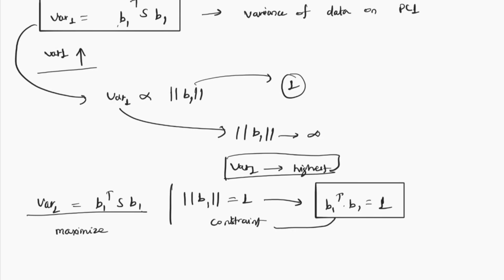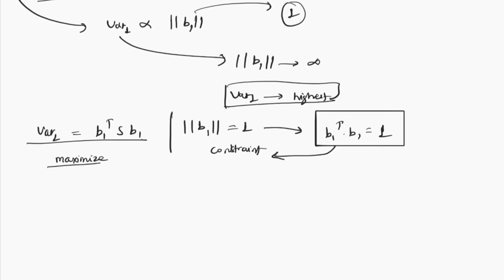So this is the constraint and we want to maximize this one. So this is a constrained optimization problem.